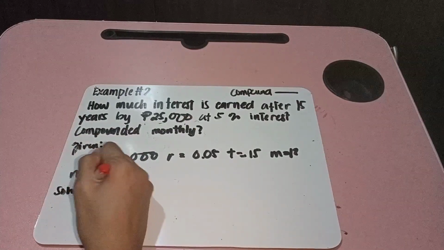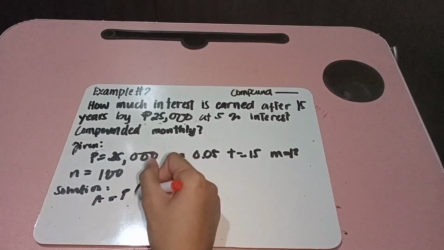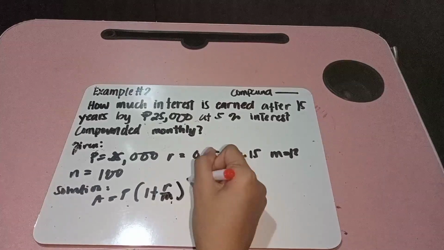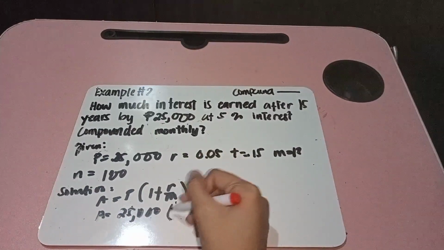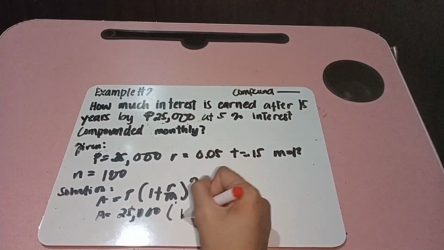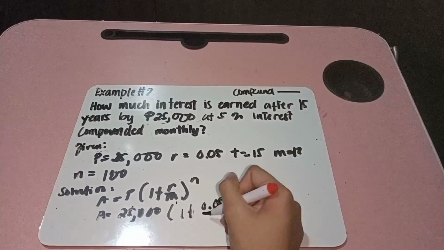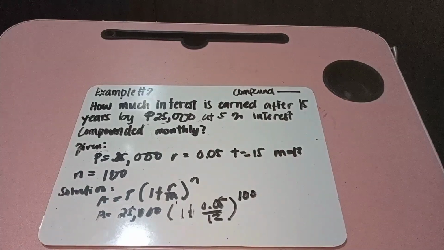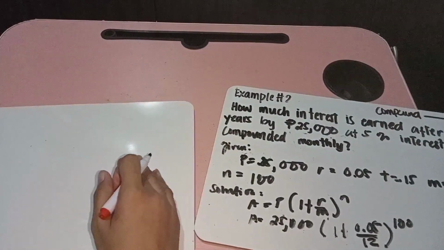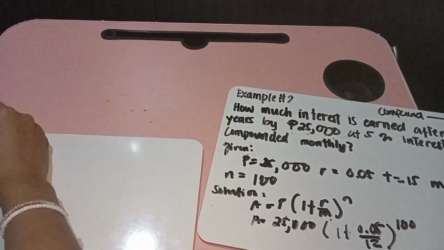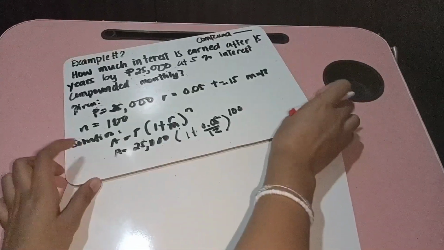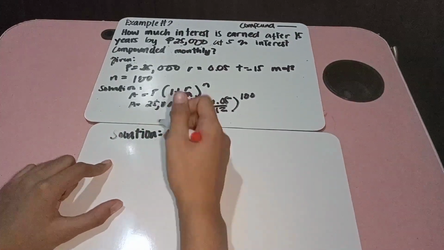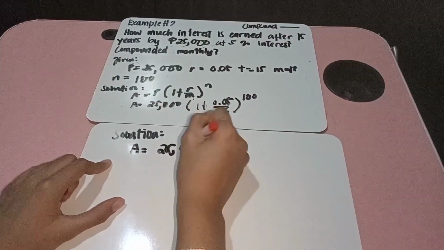For the solution, we have A is equals to P, 1 plus R over M raised to the power of N. A equals to 25,000, 1 plus 0.05 over 12 raised to the power of 180.